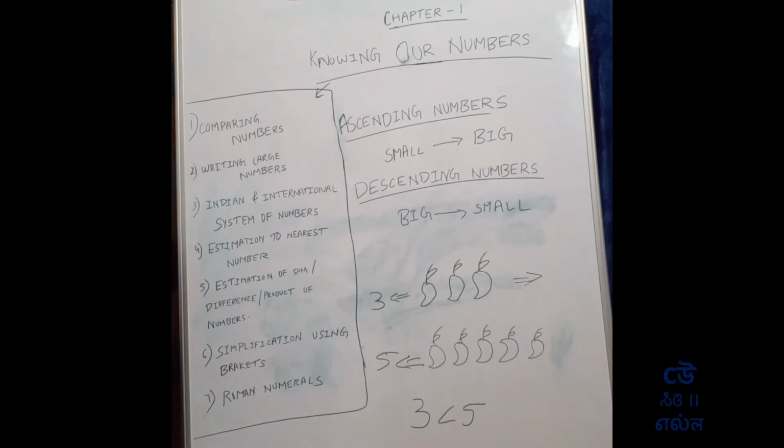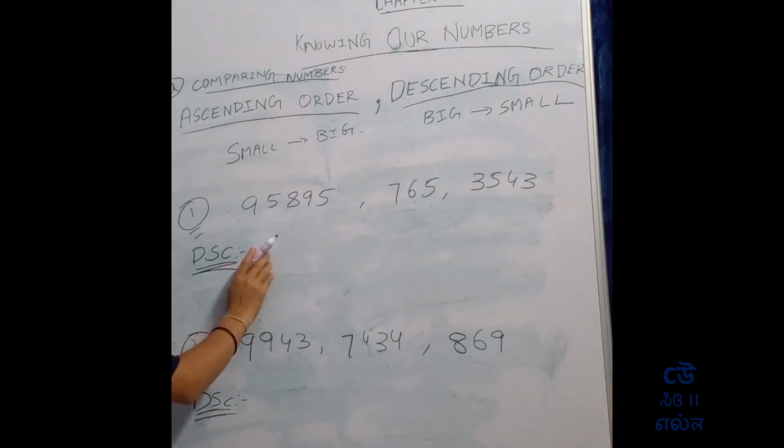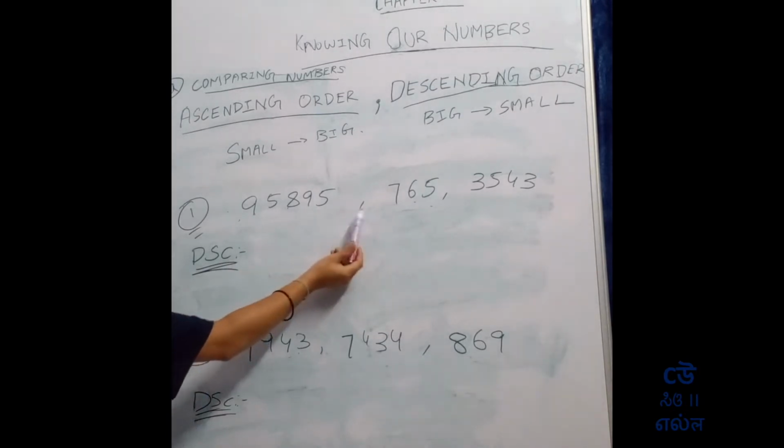Next, let us compare the numbers and find out the greatest and smallest. First, we'll take numbers with an unequal number of digits and find which number is greatest and which is smallest. We have taken 3 numbers.